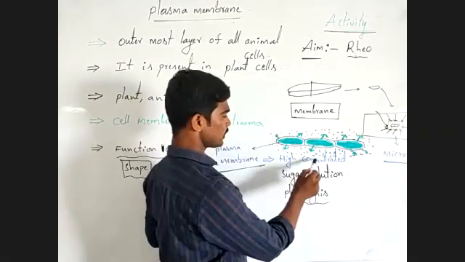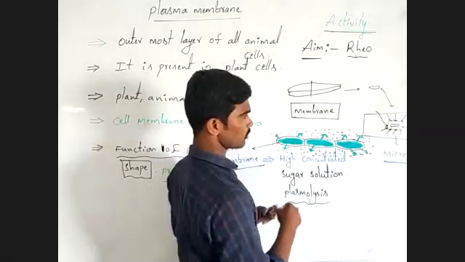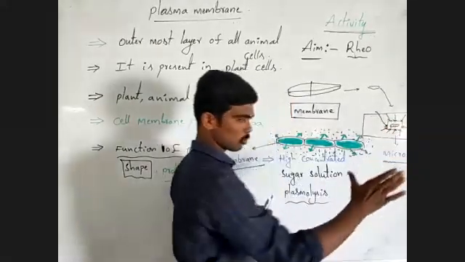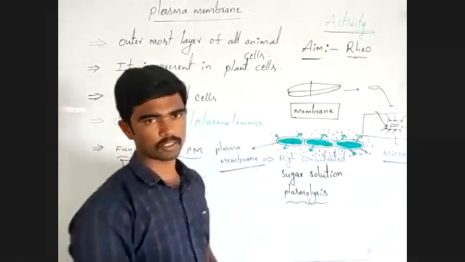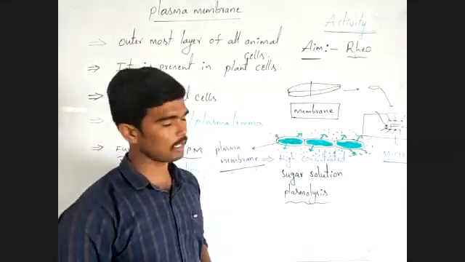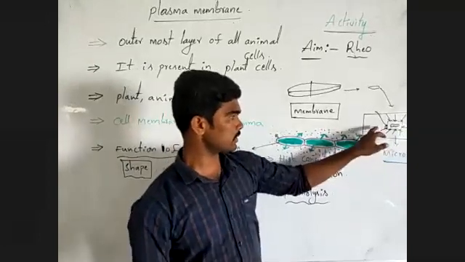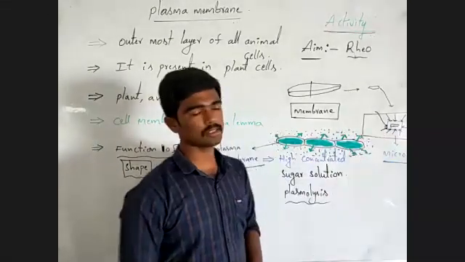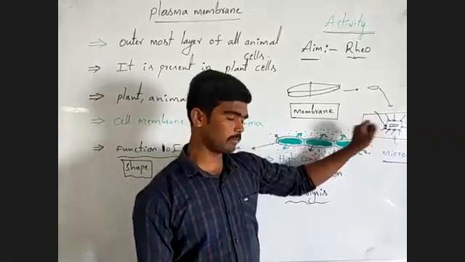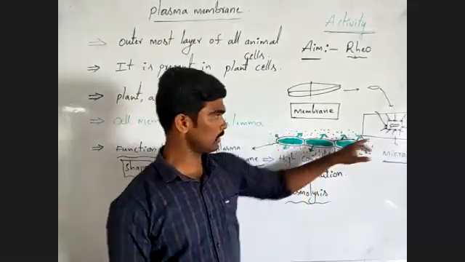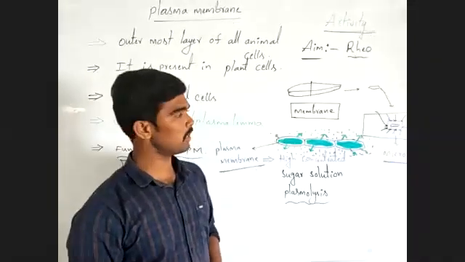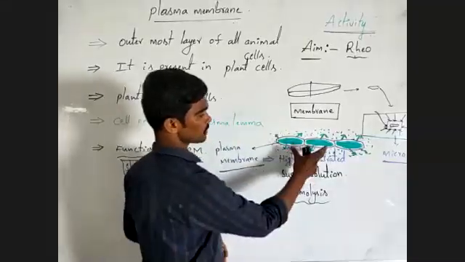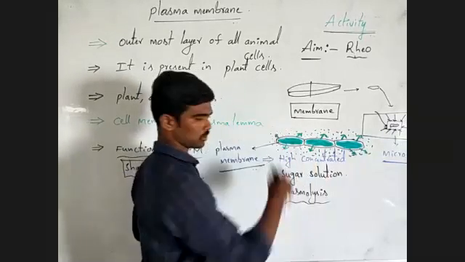After pouring the high concentrated sugar solution, we have to leave this microscopic slide for 10 to 15 minutes. After 10 to 15 minutes, we have to observe this slide under the microscope.